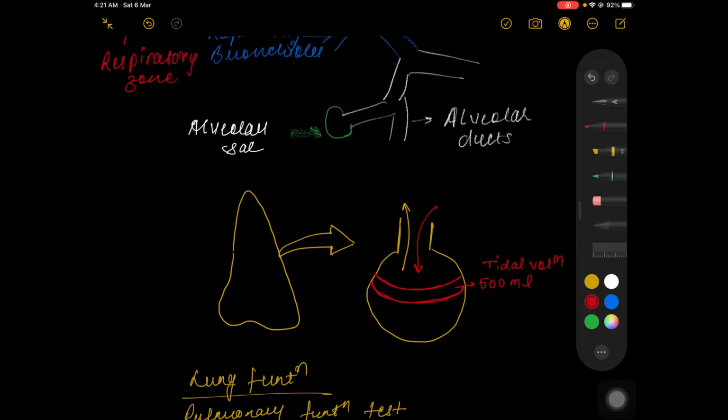Although we can take a deep breath in, a deep inspiration, which will lead to an increase in the volume in the lungs. Over the tidal volume, we can also inspire deeply, which will increase the volume inside the alveolus. This is the inspiratory reserve volume.